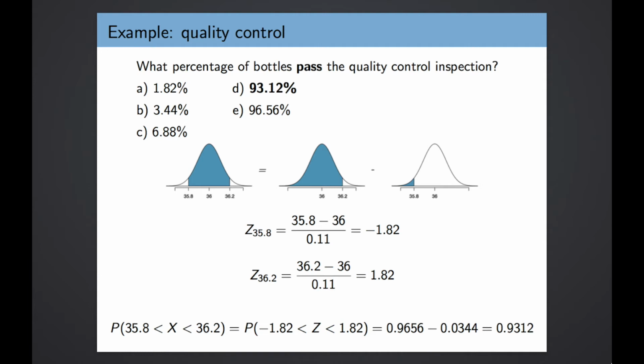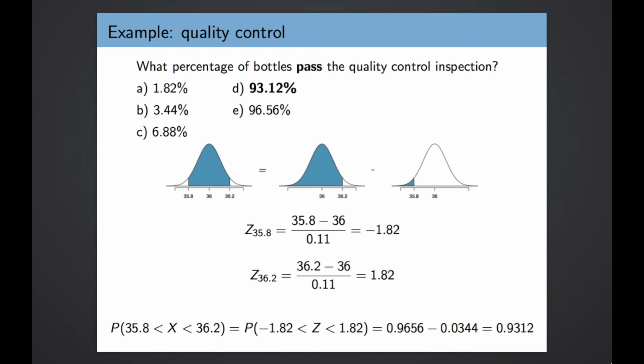And to answer this question of the proportion of the observations that are in the middle of this distribution that pass the quality control test, we can find the proportion of observations below the upper cutoff, so the proportion of observations that have 36.2 ounces in the bottle or less, and then subtract from that the proportion of observations that have 35.8 ounces of ketchup in the bottle or less. And that's going to leave us with this chunk in the middle that passes the quality control inspection.